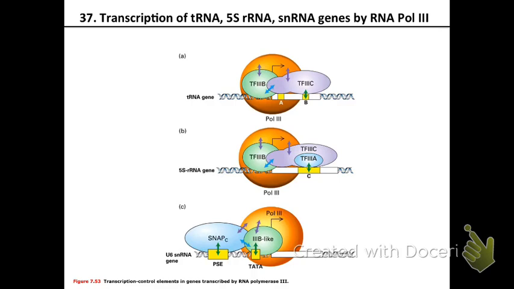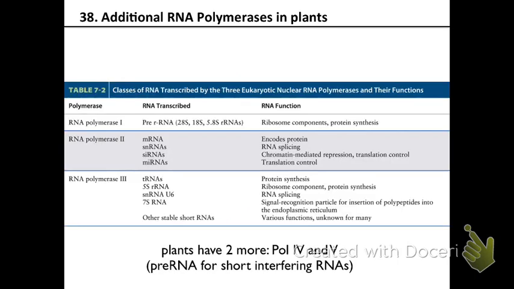But what RNA polymerase 2 does is it transcribes a more diverse set of genes than RNA polymerase 3. All right, is it just 1, 2, 3? No. Plants are weird. They contain more. So they have more specialized RNA polymerases called RNA polymerase 4 and RNA polymerase 5.